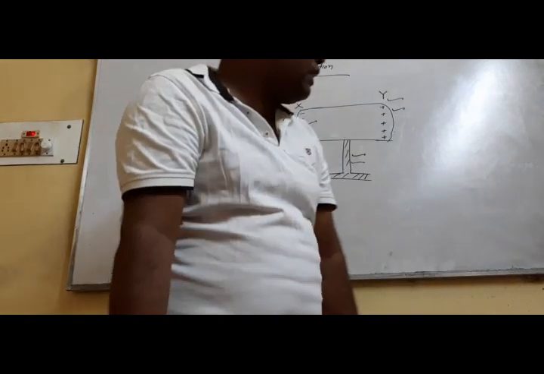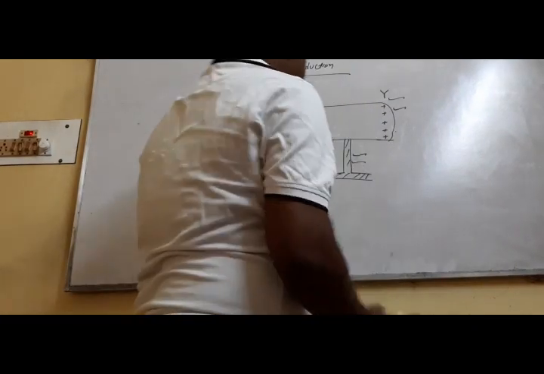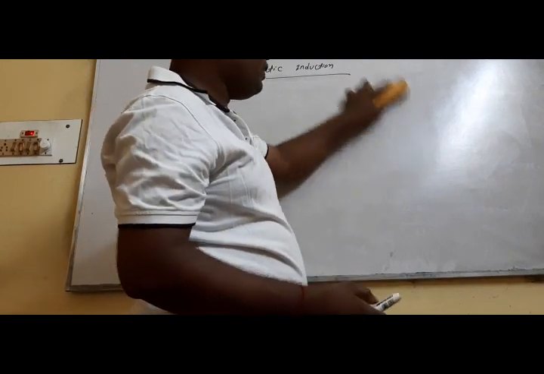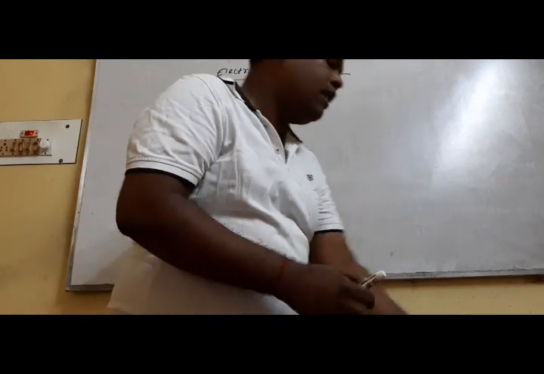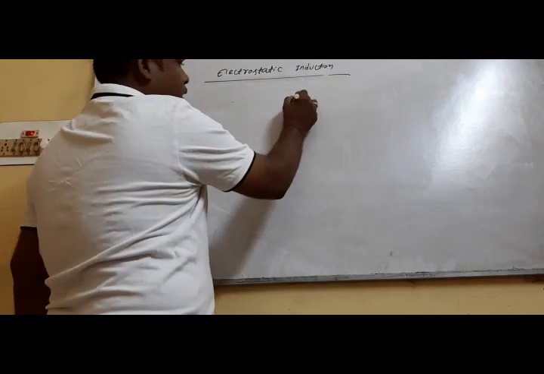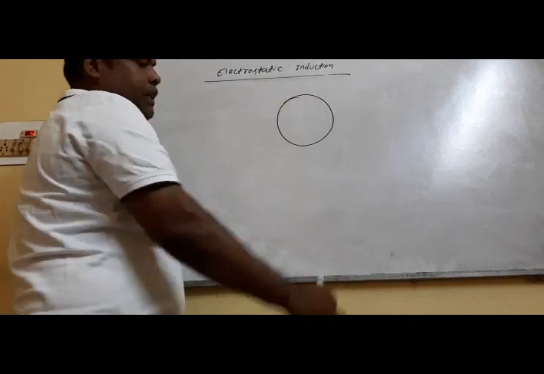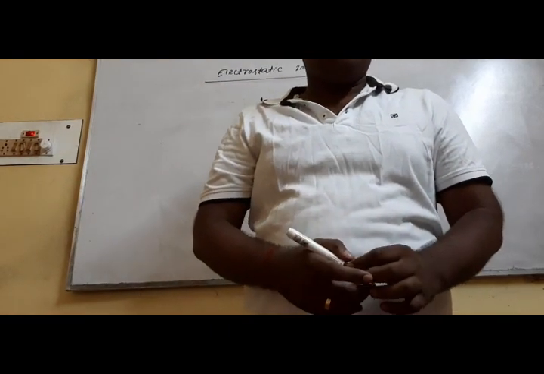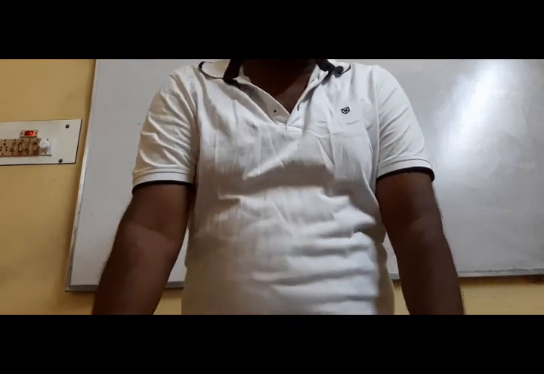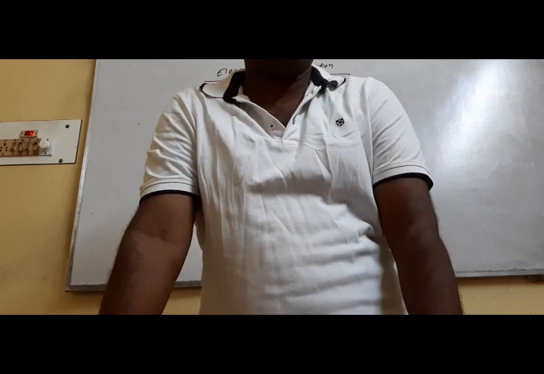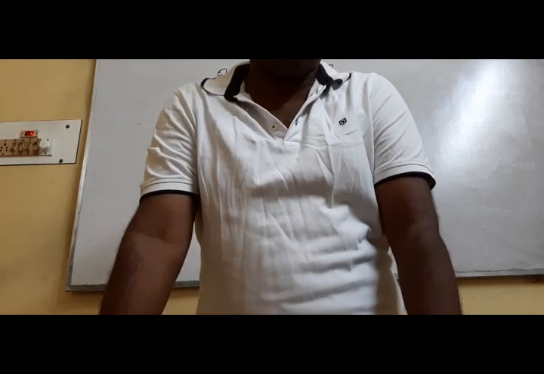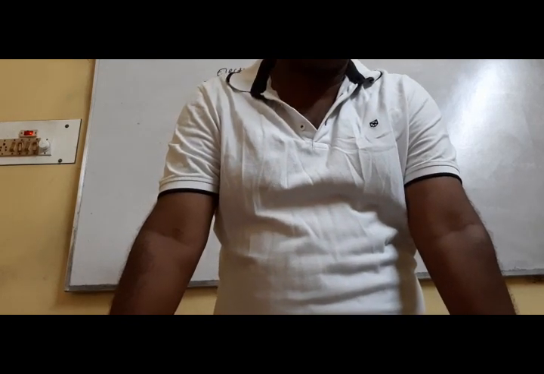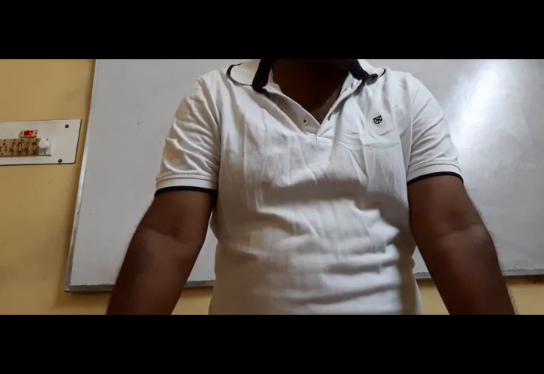So based upon this phenomenon of electrostatic induction, here I will ask one question. Suppose you have a spherical conductor. The question is: give positive charge to this sphere by the method of induction. How do we do that?